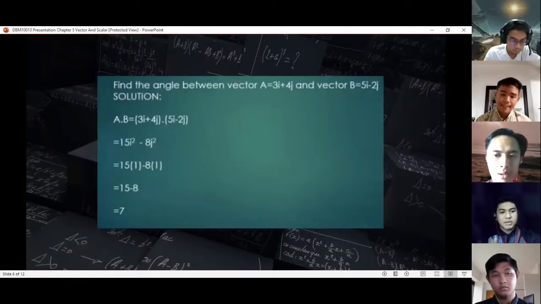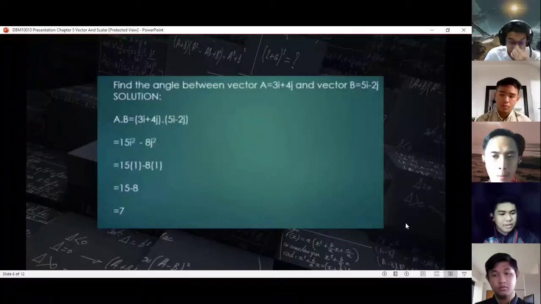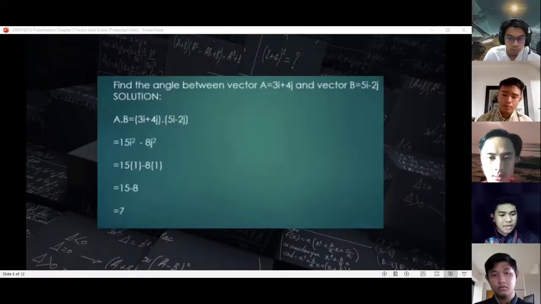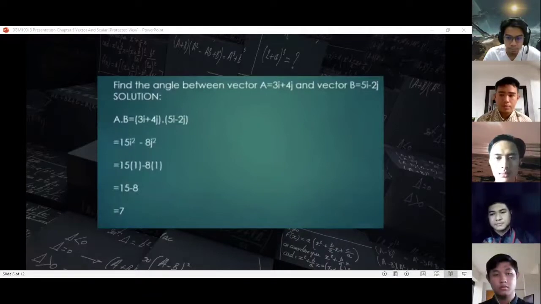Then the answer will be 15i square minus 8j square. If we have a square, we need to replace the j square and i square with 1. So it will be 15 times 1 minus 8 times 1. So the last answer would be 7. Next.